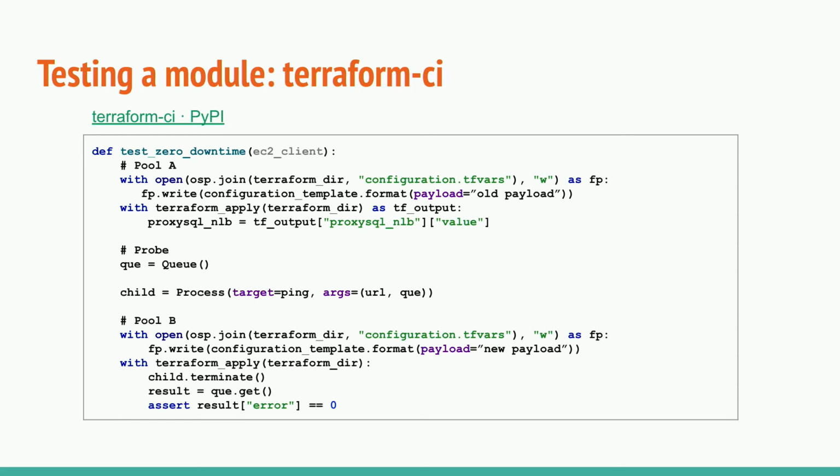So it's not unit test in a sense of traditional software development. So when I test a module, I actually use that module. I create this module on real AWS infrastructure, I do my validation, and then I destroy it. For that, I developed a little library, terraform-ci, that provides you with some functions like terraform apply.